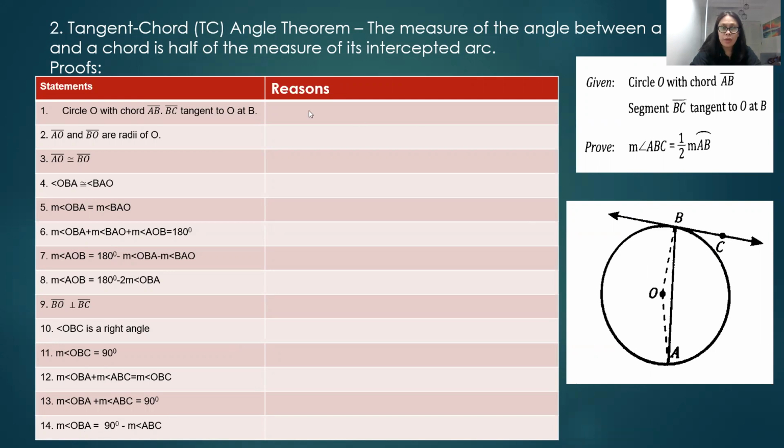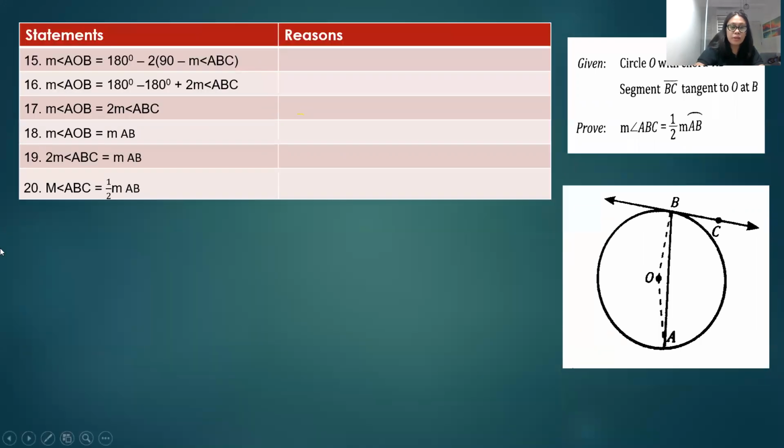Okay, so by completing the proof here, we're going to prove the tangent-chord angle theorem. For the first statement, we have circle O with chord AB, BC tangent to O at B. So these are the given.